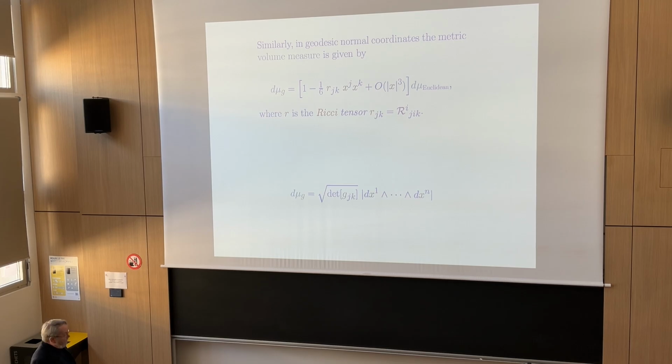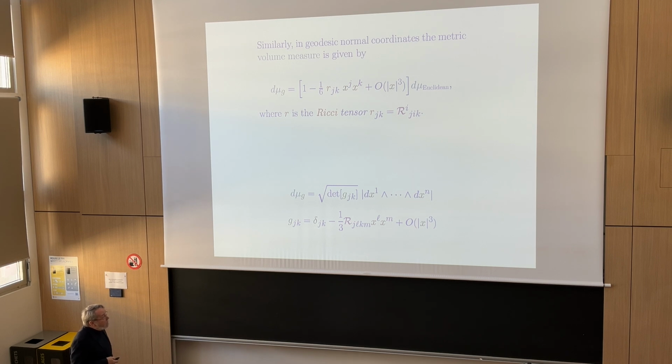And so here, the previous expression is interpreting d mu as a form. Certainly you don't want to do that on an unoriented manifold, but there's a perfectly well-defined volume measure. You just take the absolute value of the top form, if you like.